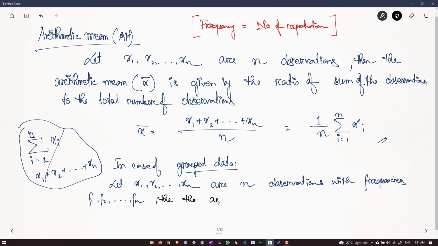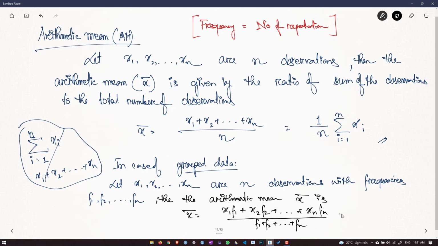Then the arithmetic mean x bar is x1 into f1 plus x2 into f2 up to xn into fn, divided by f1 plus f2 up to fn, or in short, summation i goes from 1 to n of xi fi, divided by summation i goes from 1 to n of fi.